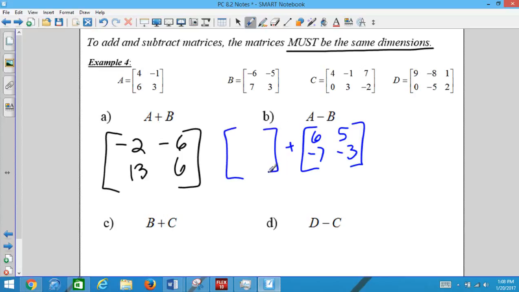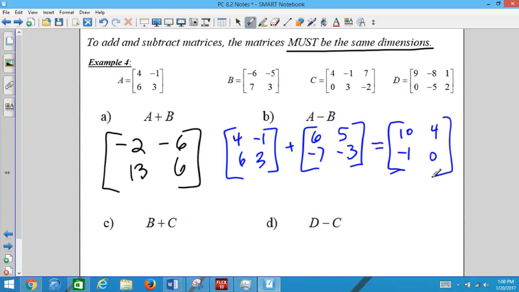You can do either method. You can do subtraction or you can add the opposite. It does not matter. 10, 4, 1, 0.